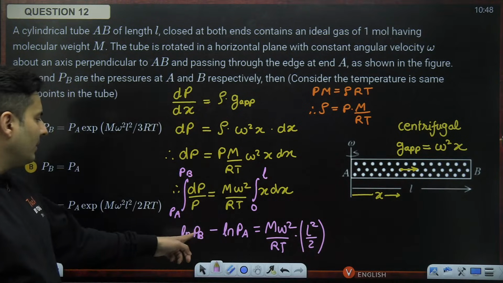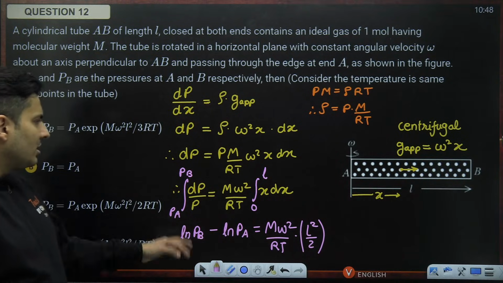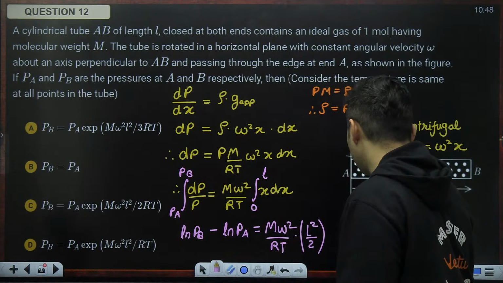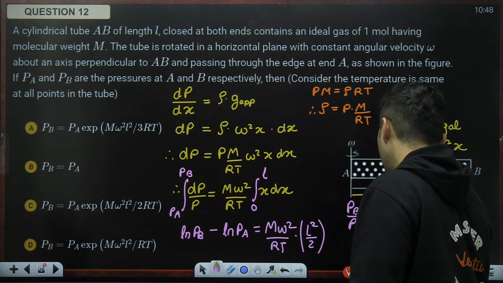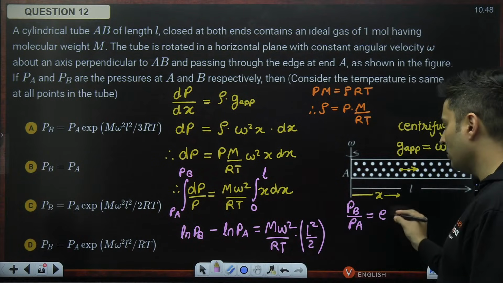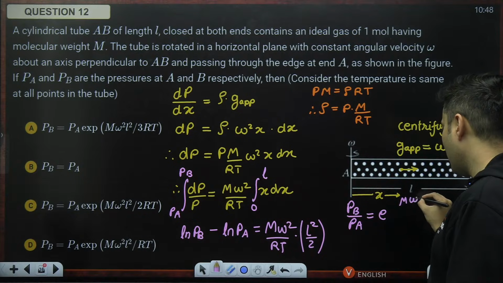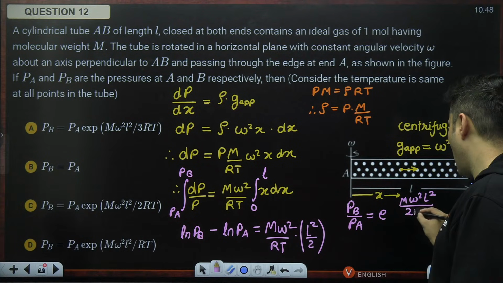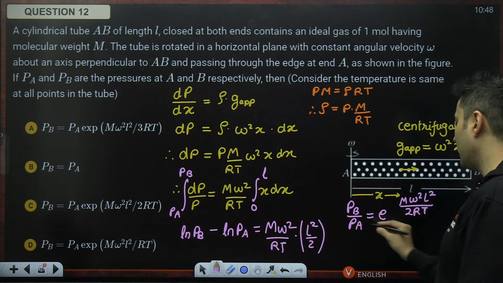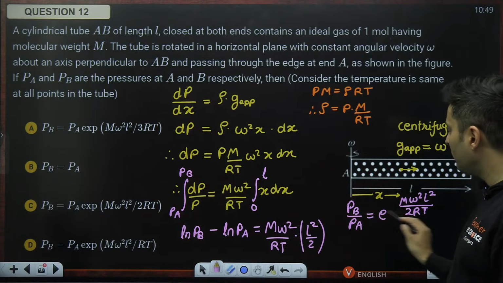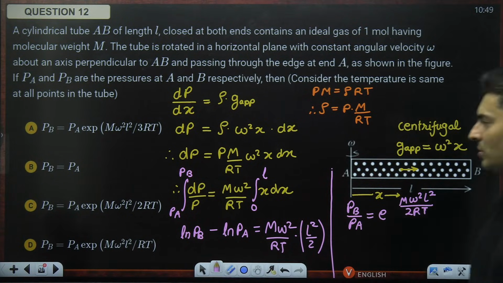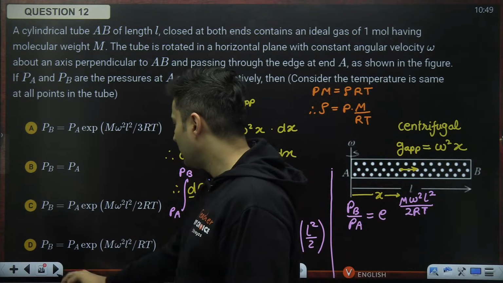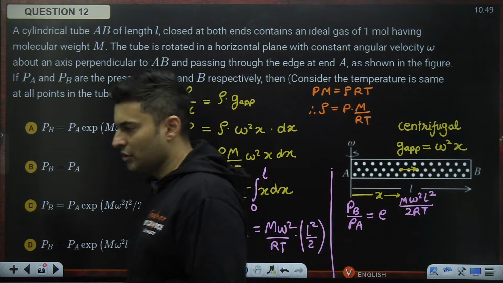So PB by PA can then be written as e raised to M omega square L square divided by 2RT, because if you expand log of PB by PA, you will exactly get this. So PB will be PA into e raised to this, which is, I think, this particular option C. Yeah, perfect. There you go.